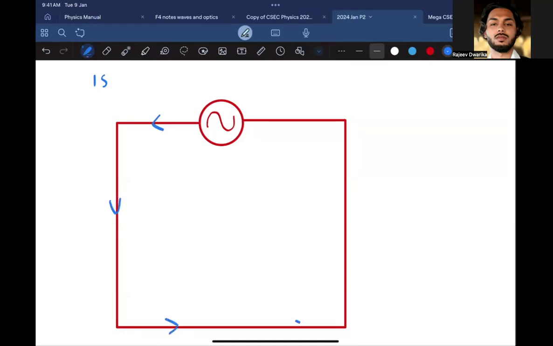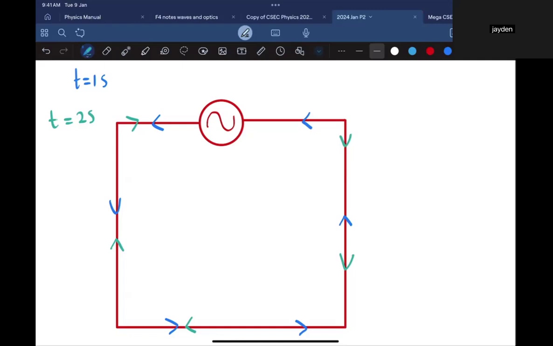At t equals 1 second. Now let me just say at t equals 2 seconds, look what's going to happen. What happened to the direction of current? It's changing. So that is why we call it alternating current, because the current changes direction periodically. Understand?